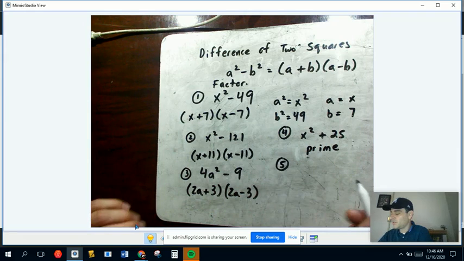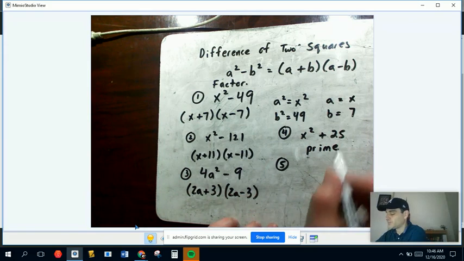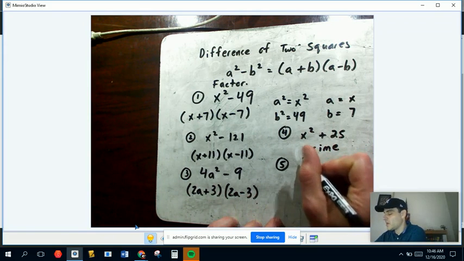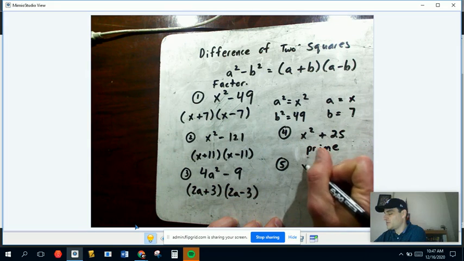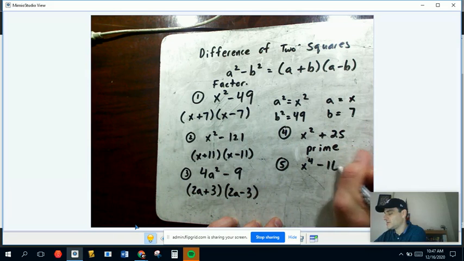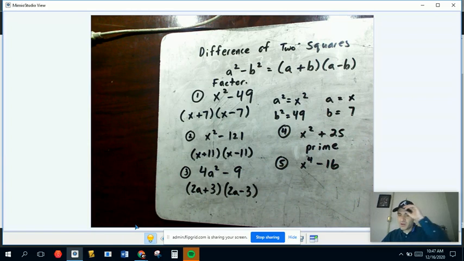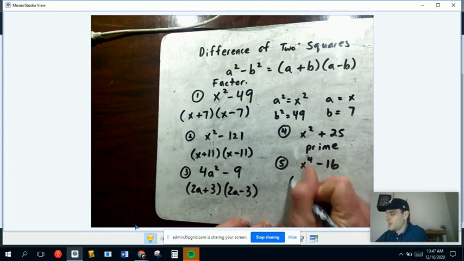Okay, you will sometimes see one of these where you have, let's say, x to the 4th minus 16. Something like this is pretty common. Now, x to the 4th is a higher power. You don't have to worry about this quite yet, but it's still a good extension. Most of what we're working with in this chapter would be quadratics, highest power 2.